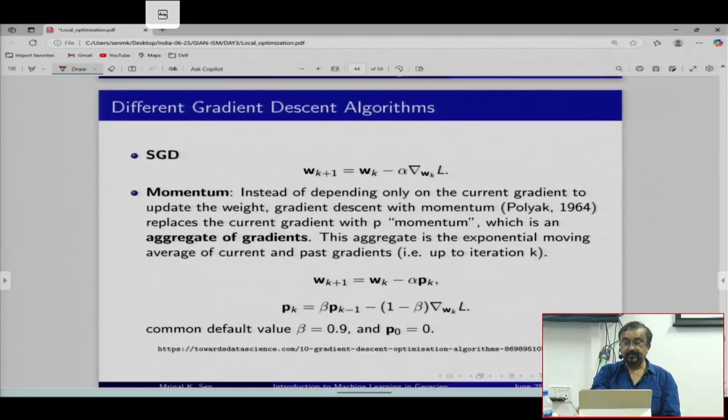Yes? We are taking different batches. One batch could have a different global minimum and the other batch could have a different global minimum. That's a very good question.